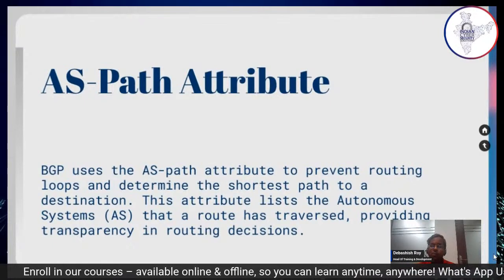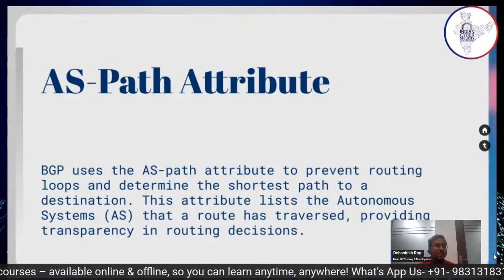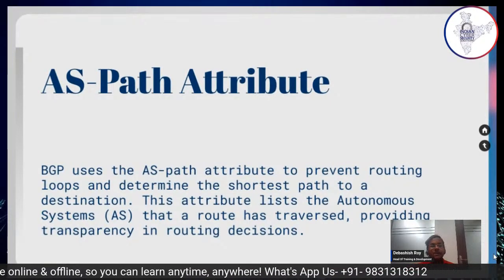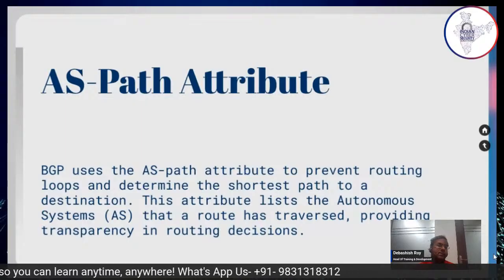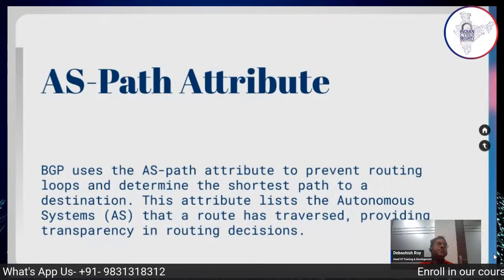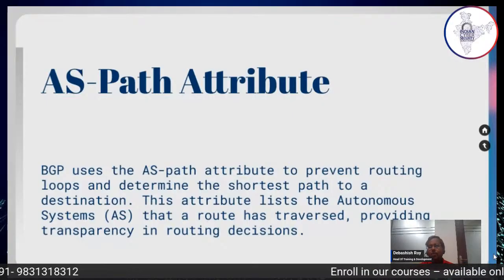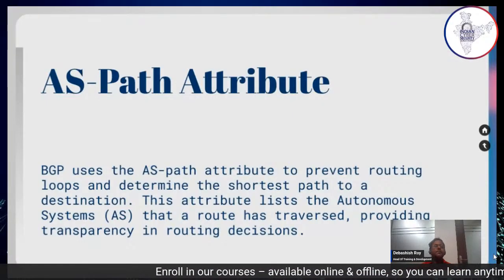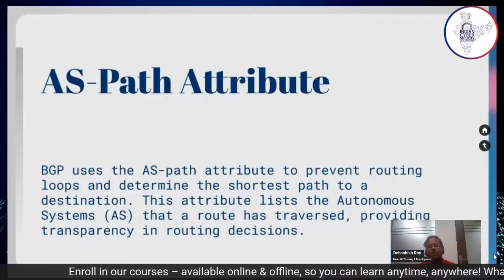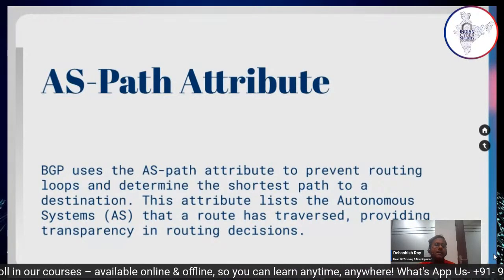Now, the AS path attribute. This is the first metric that it uses to select the best path, because OSPF uses cost, as we know, EIGRP uses bandwidth and delay, but BGP has not a single metric. It has a lot of metrics. First is AS path. BGP uses the AS path attribute to prevent routing loops and determine the shortest path.